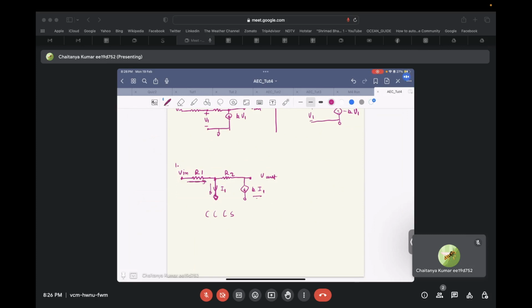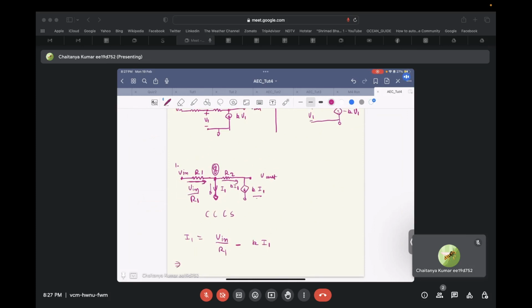The current that will be coming from here will be equal to V in by R1, and the current that will be going through R2 will be K times I1. So we can say that I1 is equal to V in by R1. Applying KCL at node G, I1 is equal to V in by R1 minus K times I1.